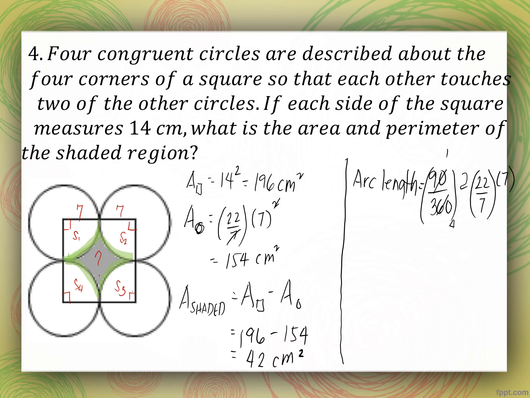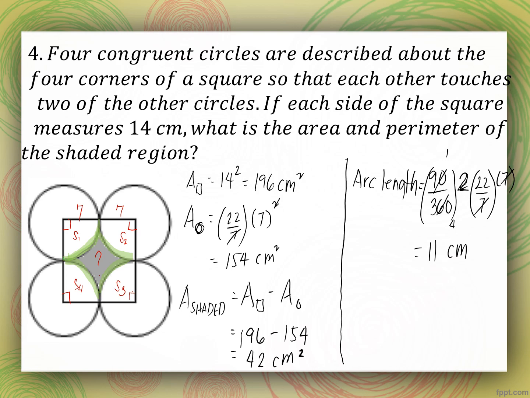And then we can cancel out 7 and 7 here. Let's rewrite the 2. Now we will have 44 divided by 4, so that would be 11 centimeters. Again, this is the arc length of just one part, from one sector.